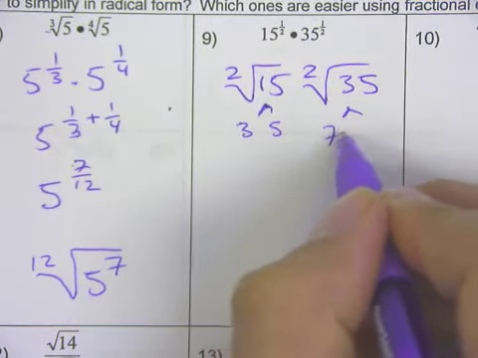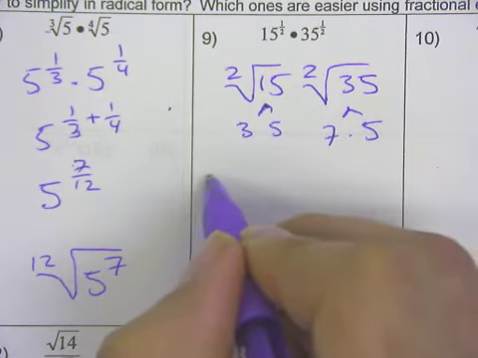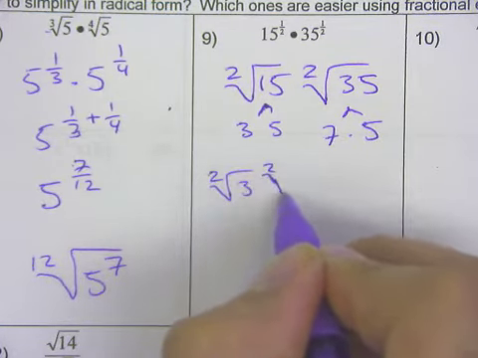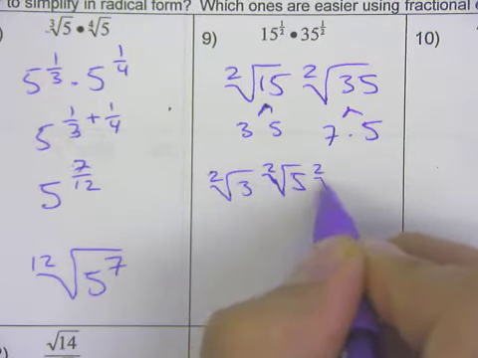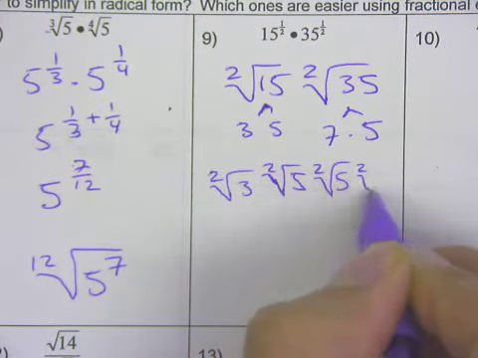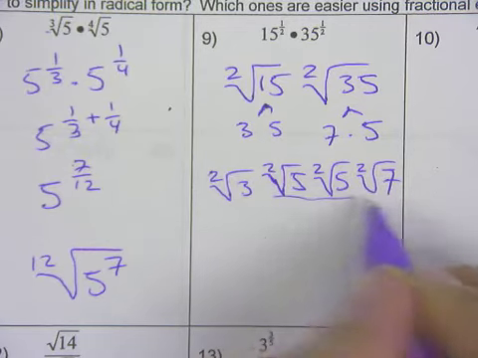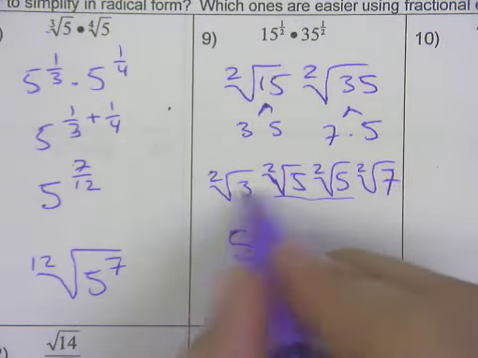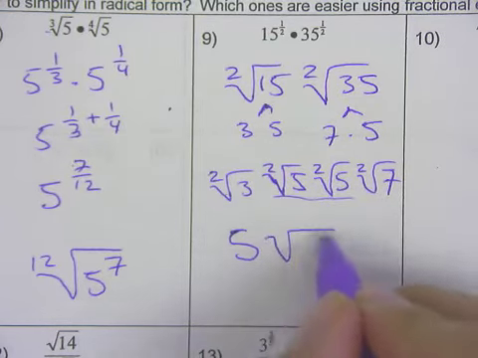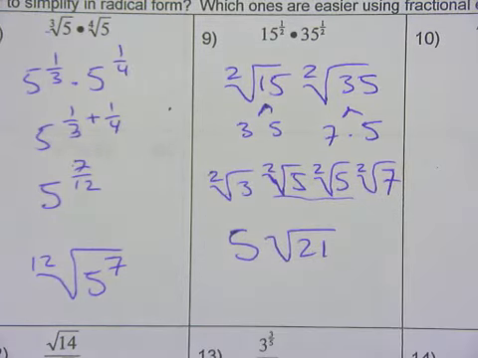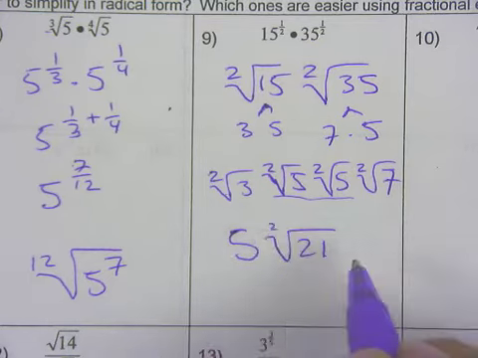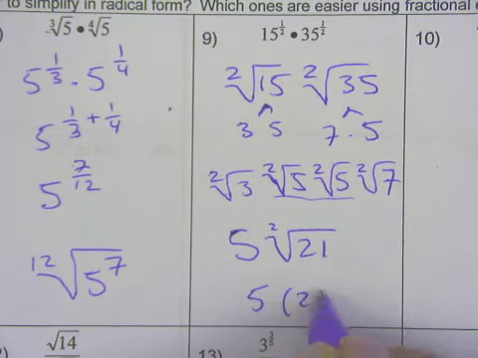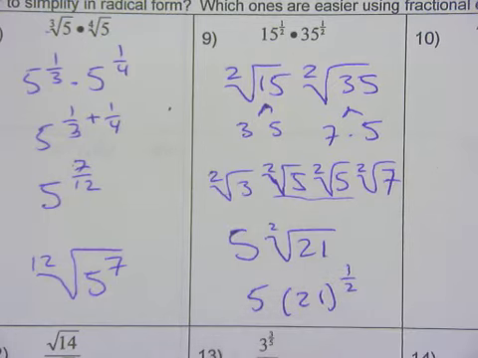Here we've got 7 times 5, so we have the second root of 3 times the second root of 5 times the second root of 5 times the second root of 7. These 2 square roots of 5 are going to make 5 when we multiply them together. We've got these 2 other square roots, which we can multiply together and get 21. So the second root of 21, if you want to write the square there, you can. If you want to write this back in exponential form, it would be 5 times 21 to the 1/2 power.